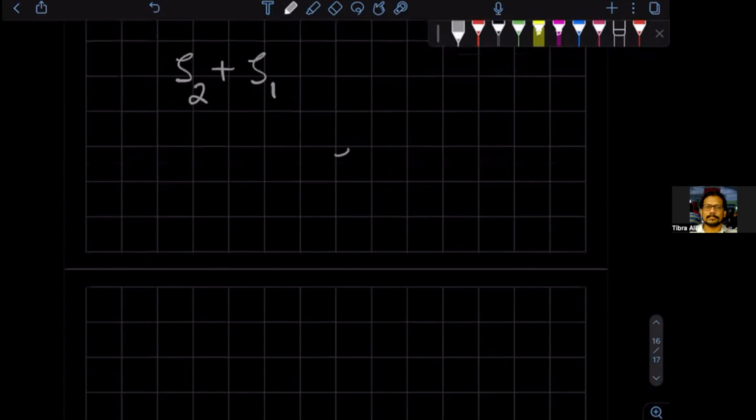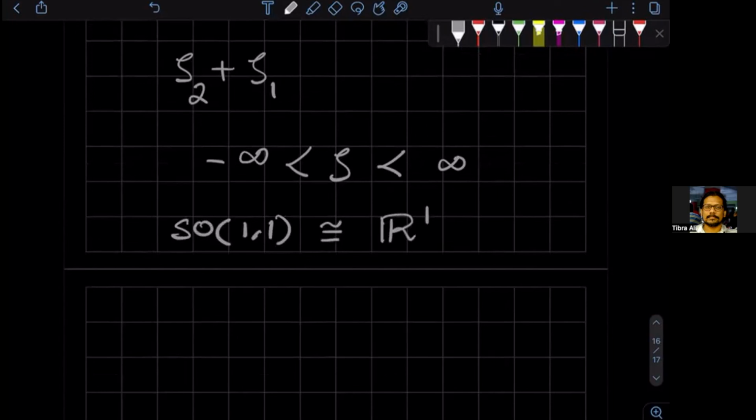And we see that rapidity takes values between minus infinity and plus infinity. This also shows that SO(1,1) is isomorphic to R.